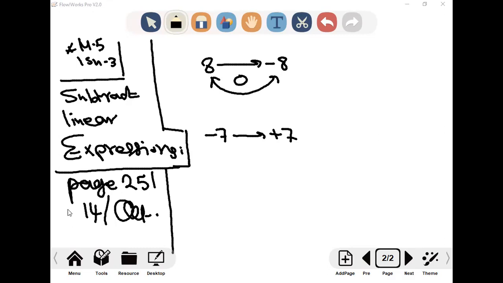Now, if you add a number with its additive inverse, the answer is 0. 8 plus negative 8 is 0. Negative 7 plus 7 is 0, right? Subtract with the bigger sign, remember? What's the bigger sign of 7 and negative 7?